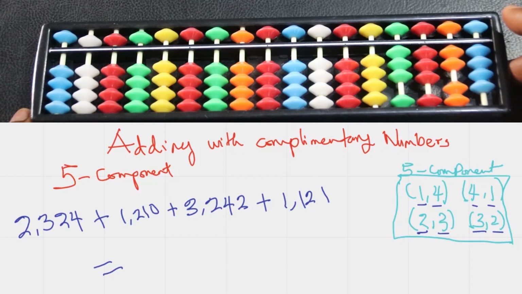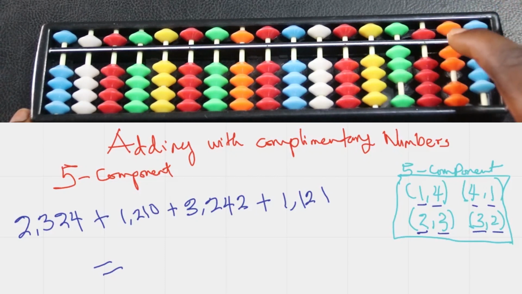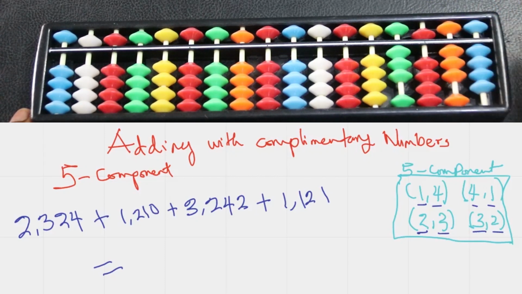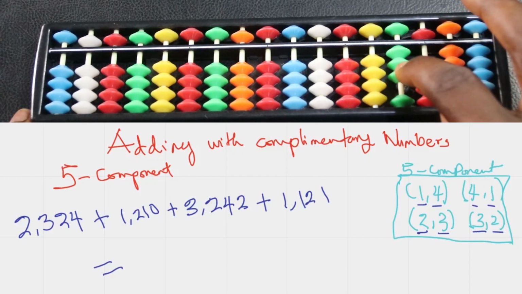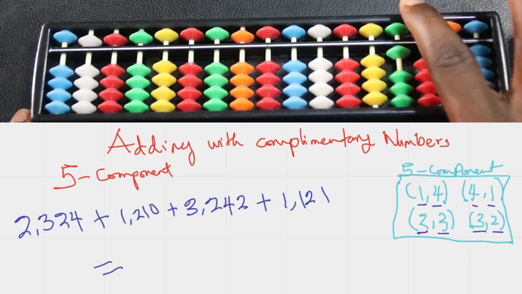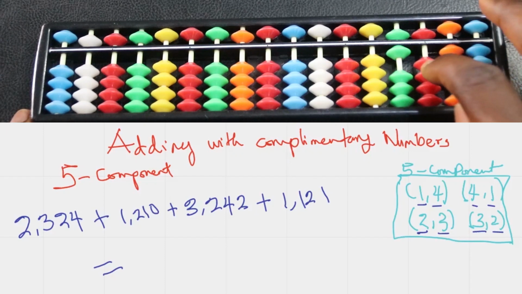So I say, what is the 5 component of 2? It is 3. I will remove 3 and add 5. 1,210: I need to add 1 here, add 0 here, I don't do anything. Then 3,242. Add 3 here. I don't have 3 to add. So what's the 5 component of 3? 2. I remove 2 and add 5. Here 2, I have 2.